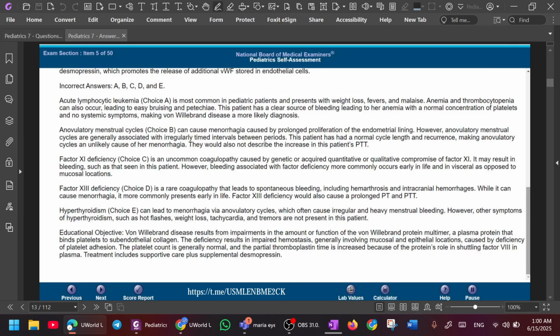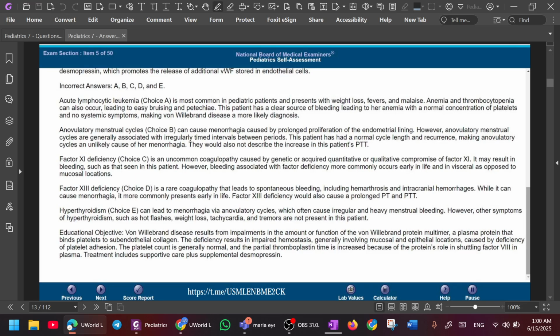And uremic platelet dysfunction: bleeding time will be high, I'm guessing. Platelet count will be normal because it's a problem with the dysfunction, not the count.